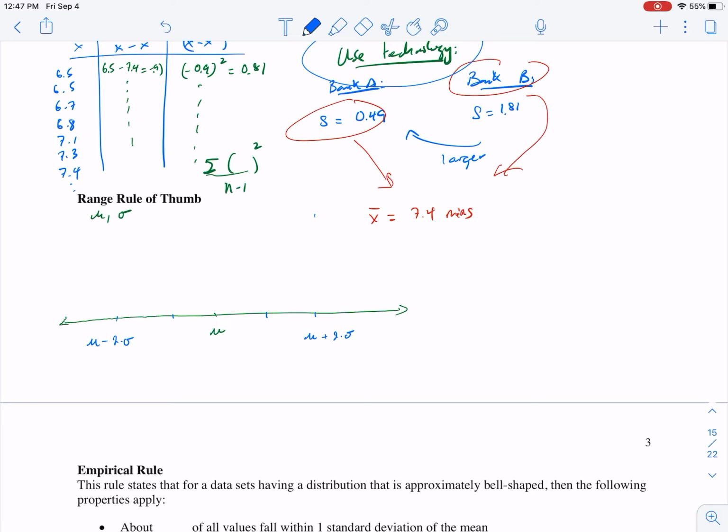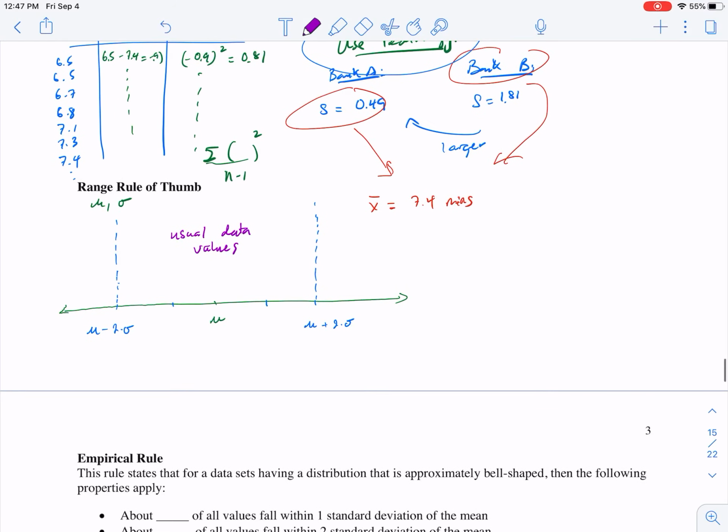Now we have divided the data set in a way that any data values that fall within 2 standard deviations of the mean are considered usual data values, or another way to describe this, not significant data values.